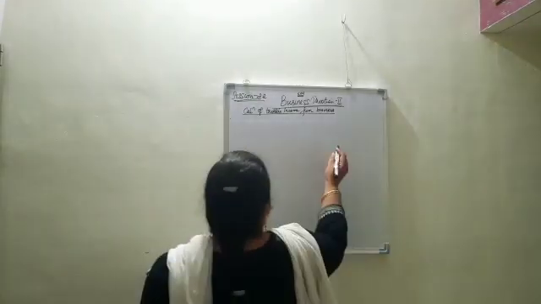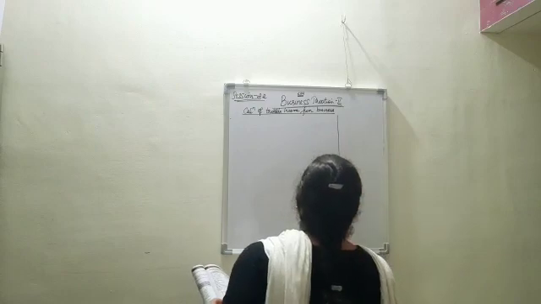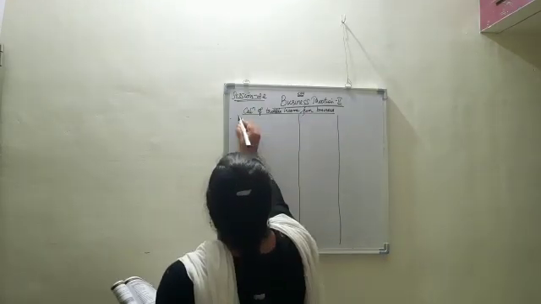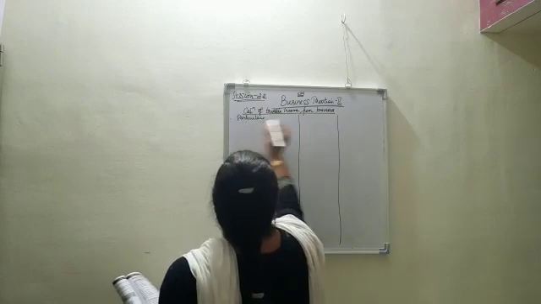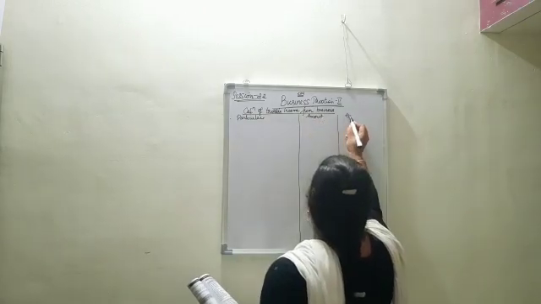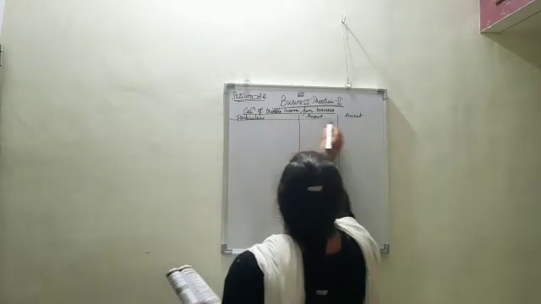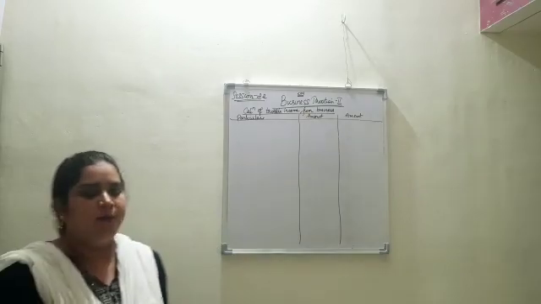So let me make one particulars column and two amount columns here.